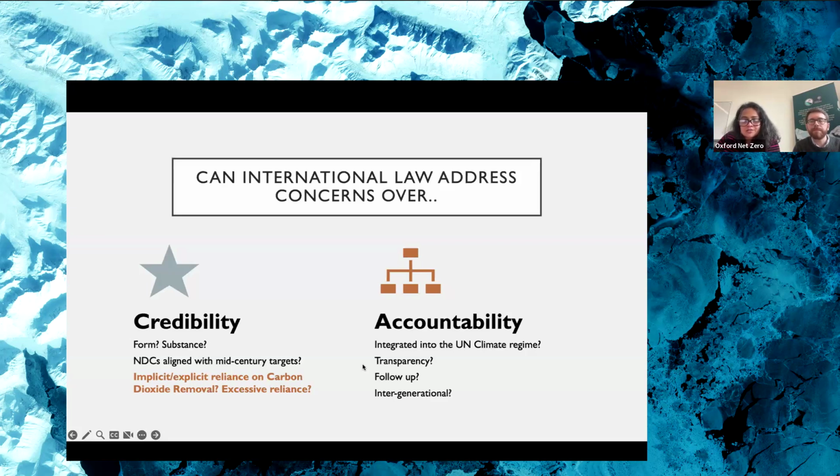So these are all questions of accountability, even intergenerational accountability, that arise in the context of net zero targets, which are longer term. So there are significant credibility and accountability issues, and international law can play a role in addressing some of these.